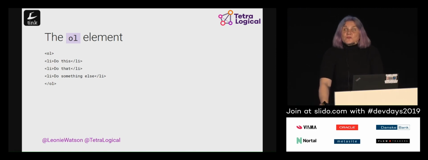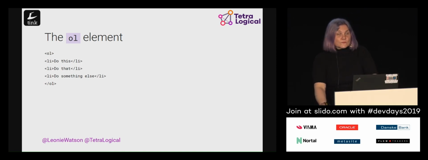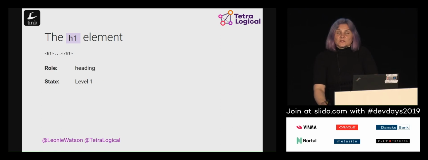But the browser will also count up the number of list items that are inside the list, and it'll make that information available to the screen reader, which in turn makes it available to the user. List of 3 items. 1 do this. 2 do that. 3 do something else. List end. And in the case of that ordered list, it's also picking up the sequential ordering that's just inherent in that particular type of list.